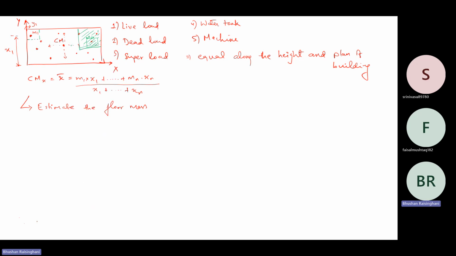Okay. So you have to estimate where the CM is going to be and where the CR is going to be. Where the mass is high, if the stiffness is also high, then CM and CR will come near. If the mass is high, however, the stiffness is, let's say CR is in this particular position, then your eccentricity will be increased, right? So where your mass is concentrated and where your stiffness is concentrated has to be understood.